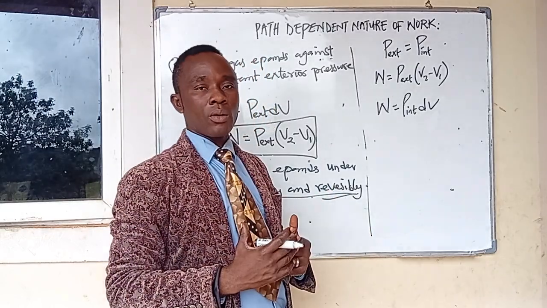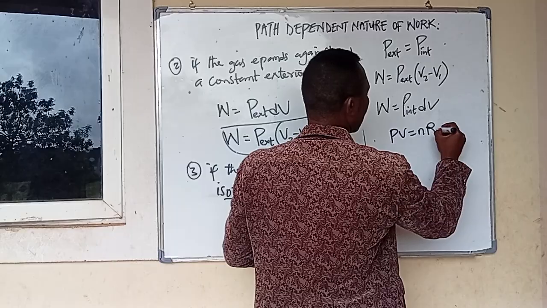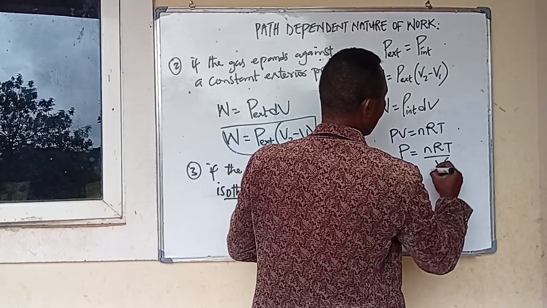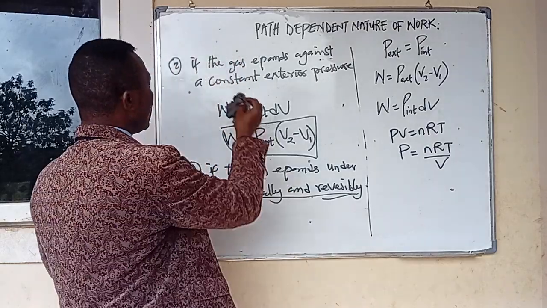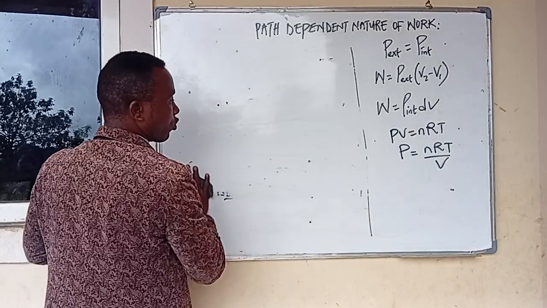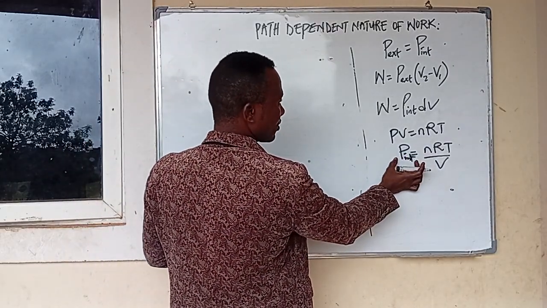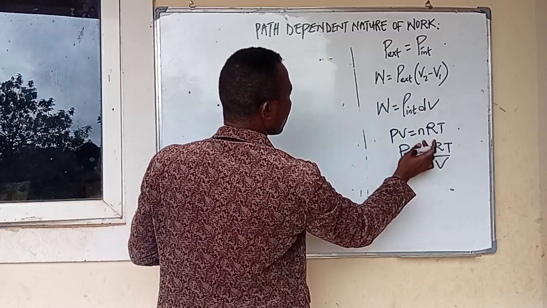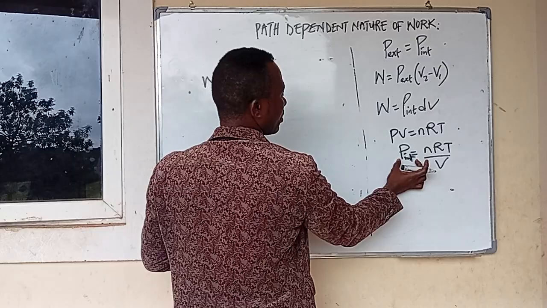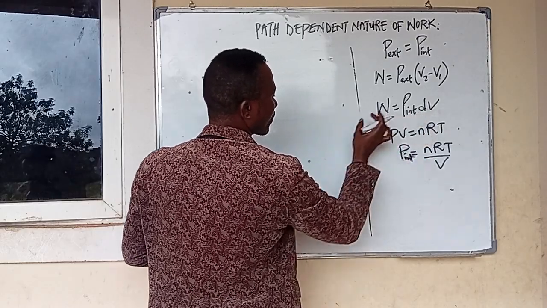And according to the gas law, PV is equal to nRT, that means P becomes nRT over V. So we can substitute the P interior, which is the pressure of the gas, with this.